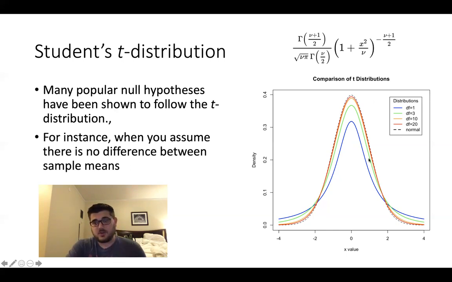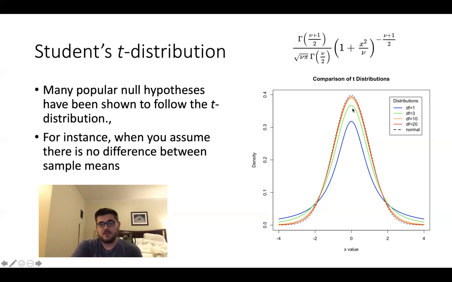What the t distribution represents is, let's say, the probability of a difference between sample means. Like if I have a control group versus an experimental group, or I have honors students' self-esteem versus non-honors students' self-esteem. For the difference between means, you say, let's assume that there is no difference. That's the null hypothesis. And then once you make that assumption, you go to the t distribution.